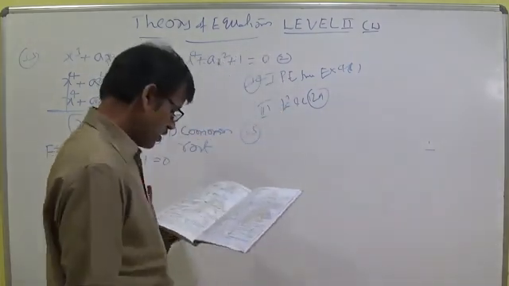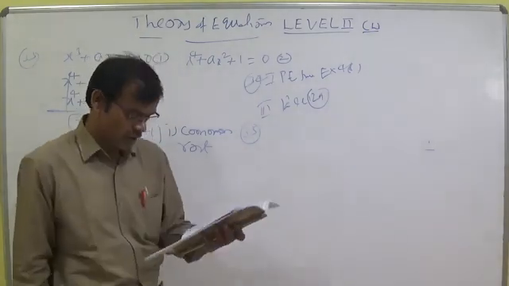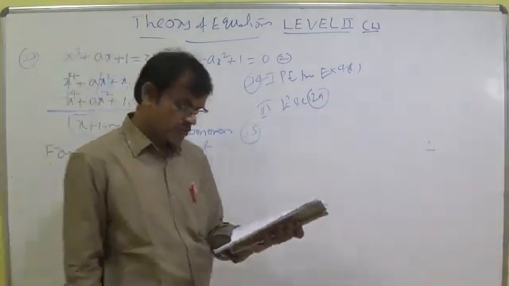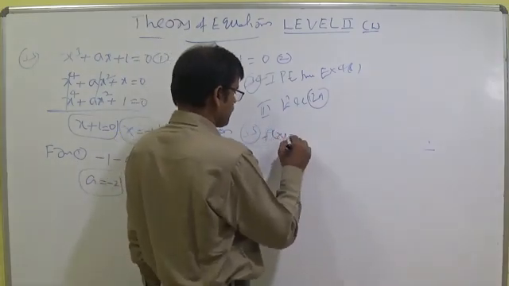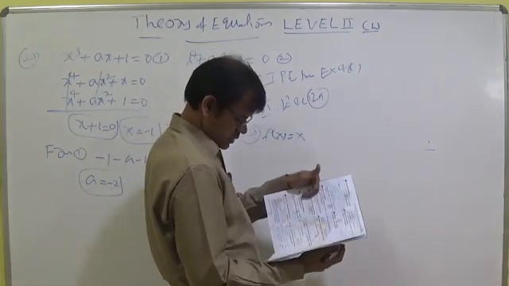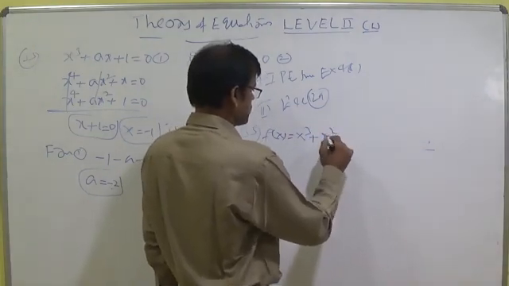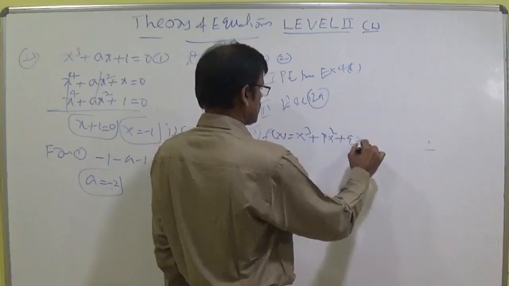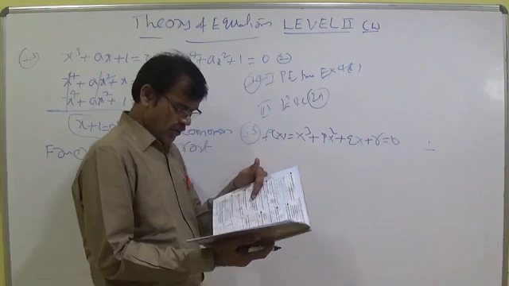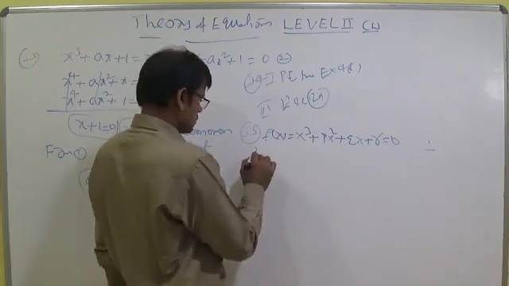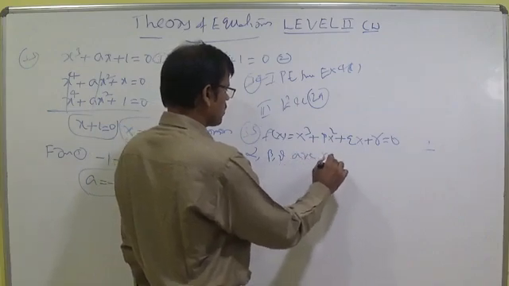35th question. Alpha, beta, gamma are the roots of x cube plus px square plus qx plus r equal to 0. Then find the value of 1 plus alpha square into 1 plus beta square into 1 plus gamma square. F of x is equal to x cube plus px square plus qx plus r equal to 0, and alpha, beta, gamma are the roots.